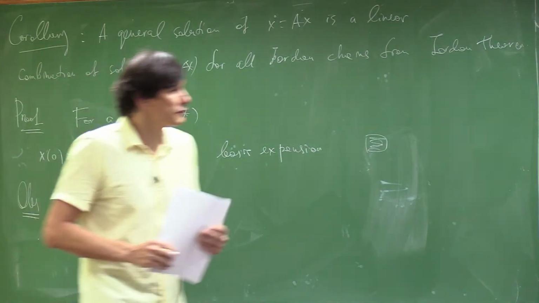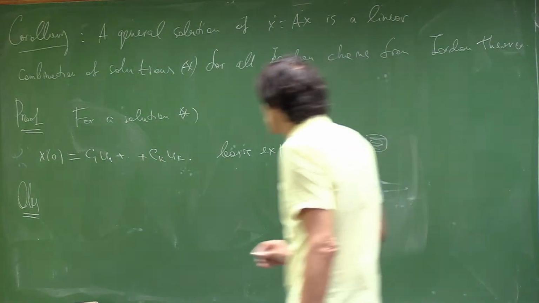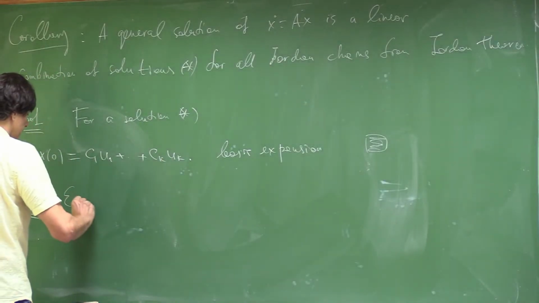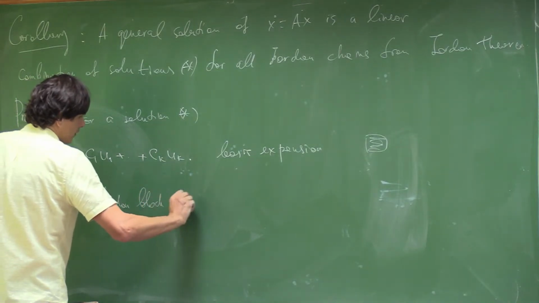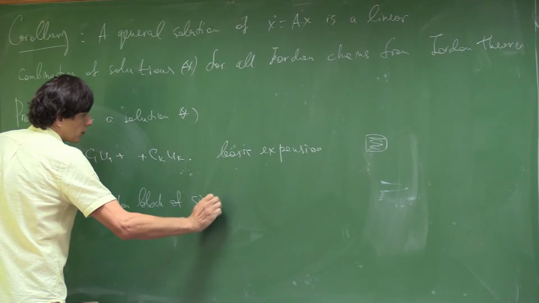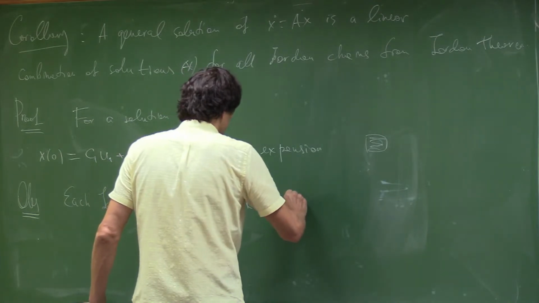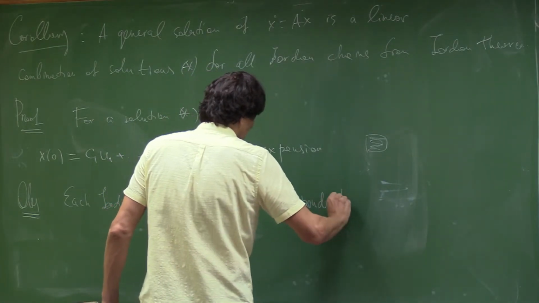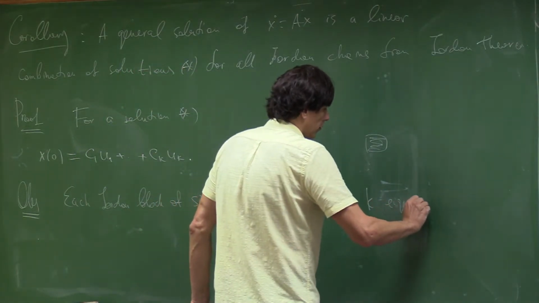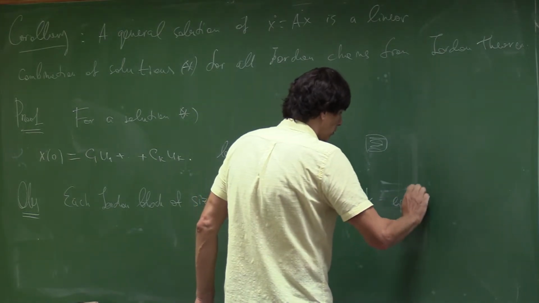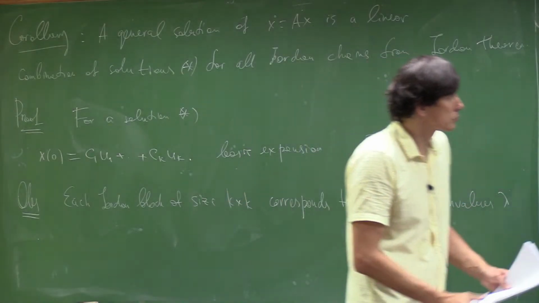The observation is that each Jordan block of size k by k corresponds to k equal eigenvalues lambda, because it's clear, no?